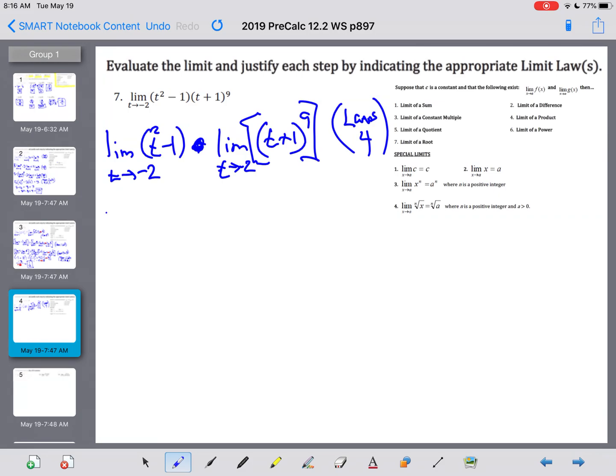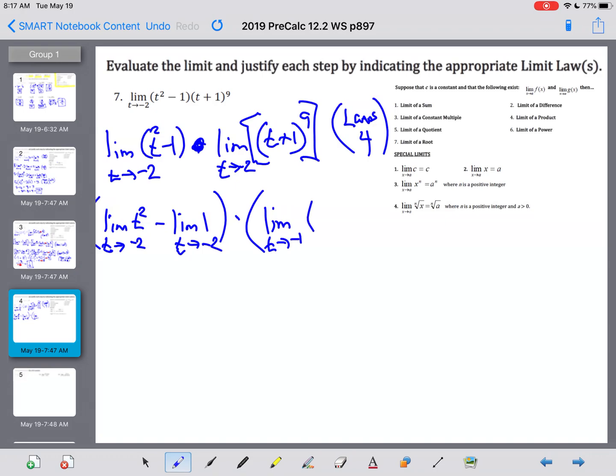Okay, now I'm going to go ahead and split these up a little bit here. So this one here, I'm going to get the limit of t squared as t approaches negative 2 minus the limit of 1 as t approaches negative 2, times, I'm going to do the power, so I'm going to say the limit as t approaches negative 2 of t plus 1, to the 9th, not the 2nd.